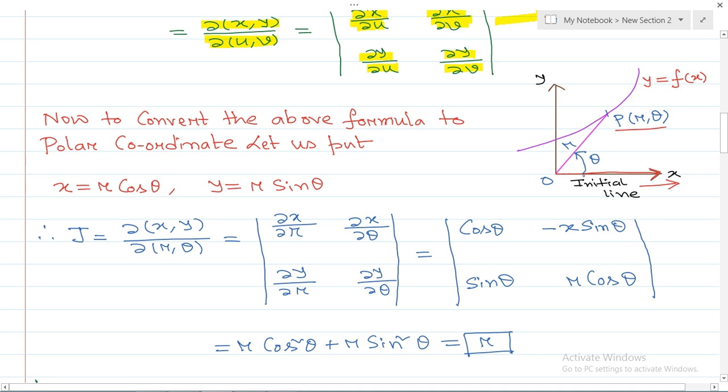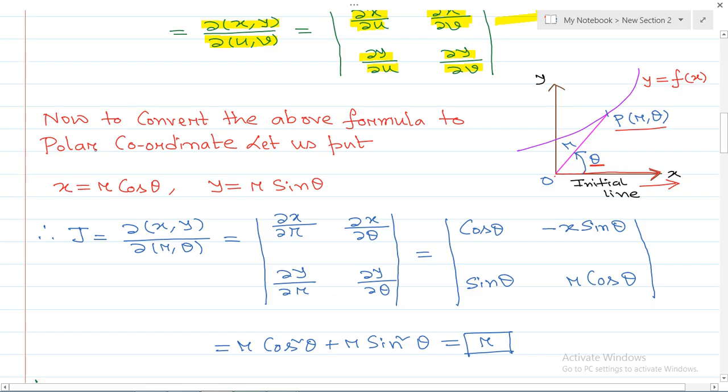How to measure this theta? Theta will be taken in the anti-clockwise direction from the initial line to the line OP. Sorry, this is a distance, not the tangent, and the distance between O and P is given by r. Okay, so this is the representation.